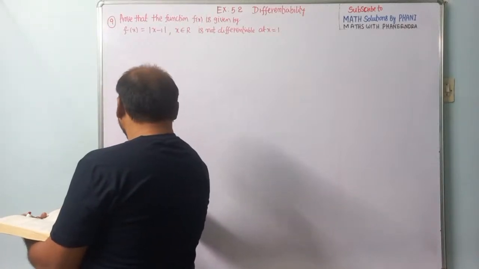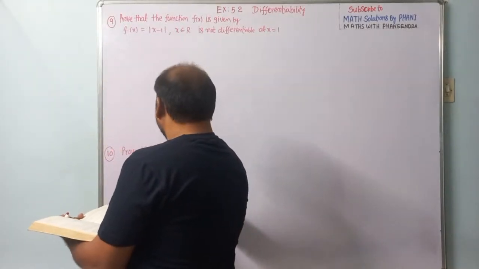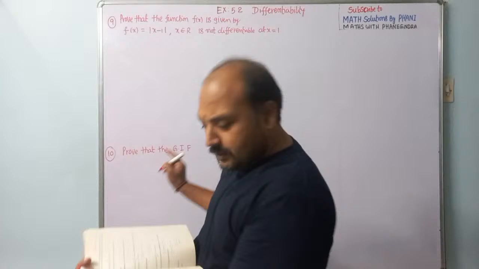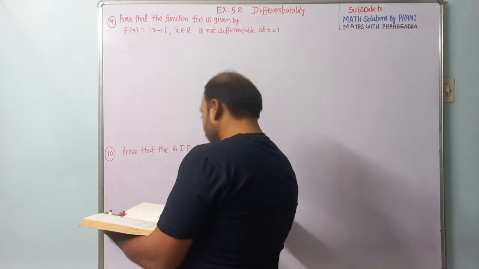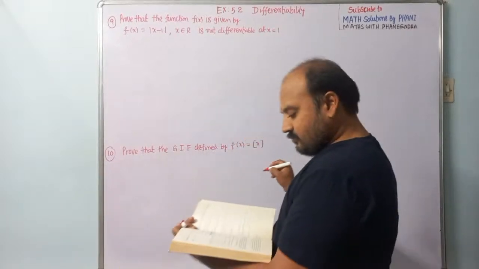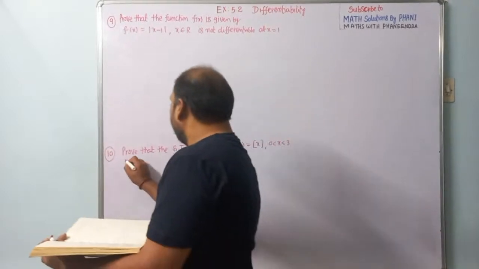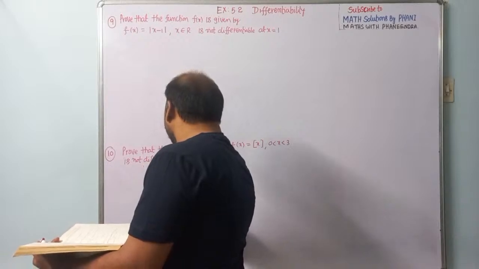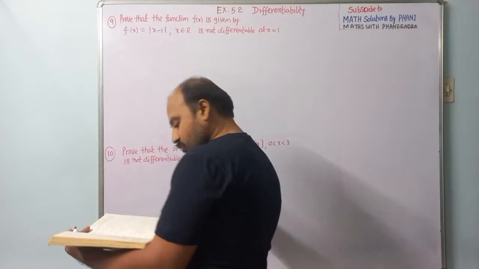Prove that the greatest integer function, GIF means greatest integer function, defined by f of x equal to step x, 0 is less than x is less than 3, is not differentiable at x is equal to 1 and 2.